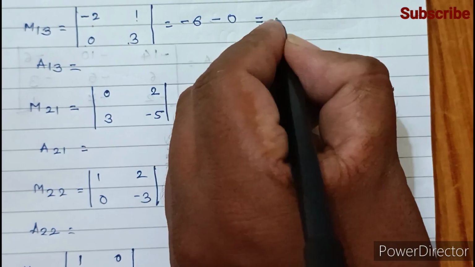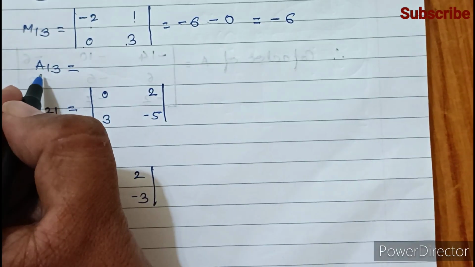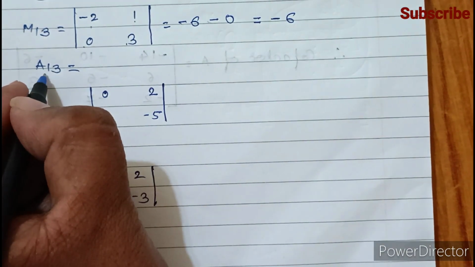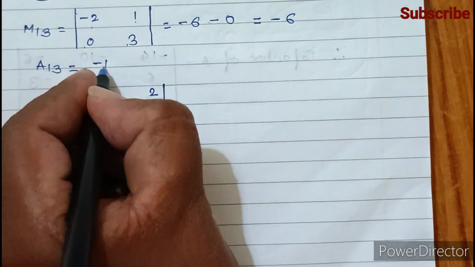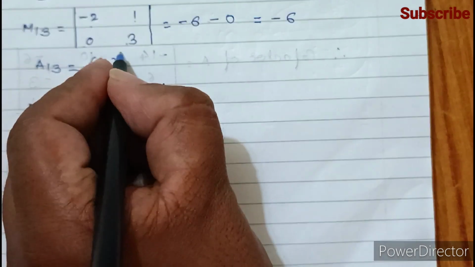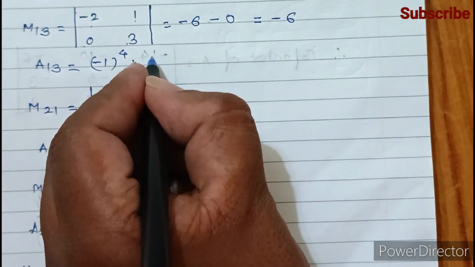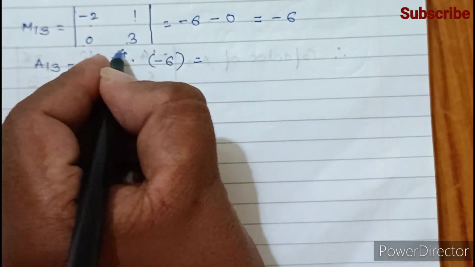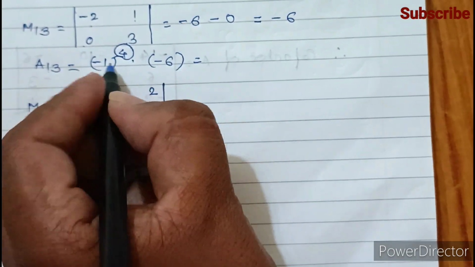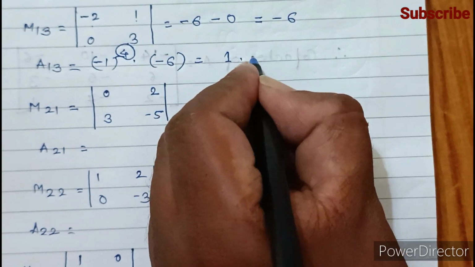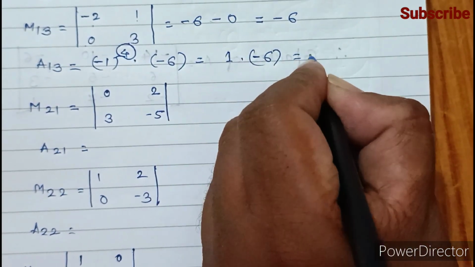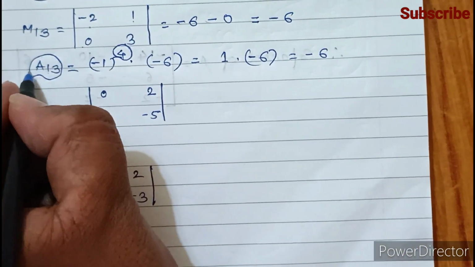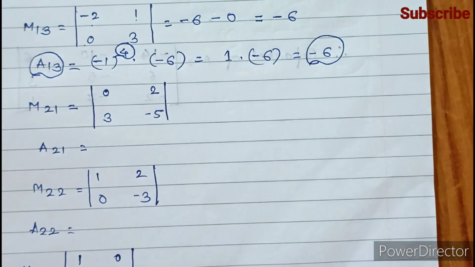Therefore the value of M13 is minus 6. Now the A13, that is cofactor A13, that is minus 1 to the power 1 plus 3, that is 4, into this minus of 6. Now this is an even power, therefore it will be plus of 1 into this minus of 6, it will be minus of 6. Therefore the value of A13 will be minus of 6.